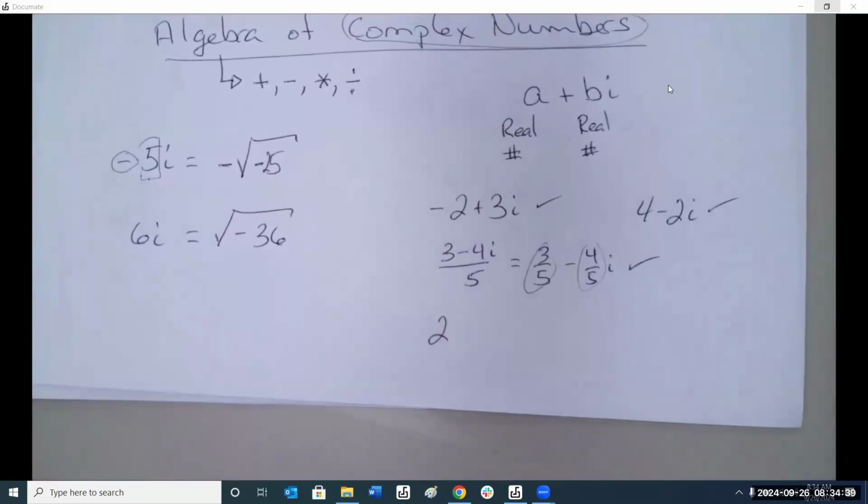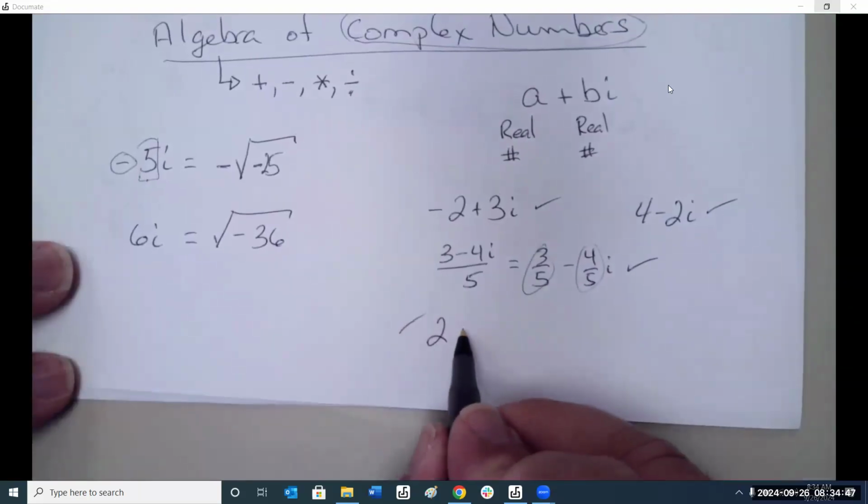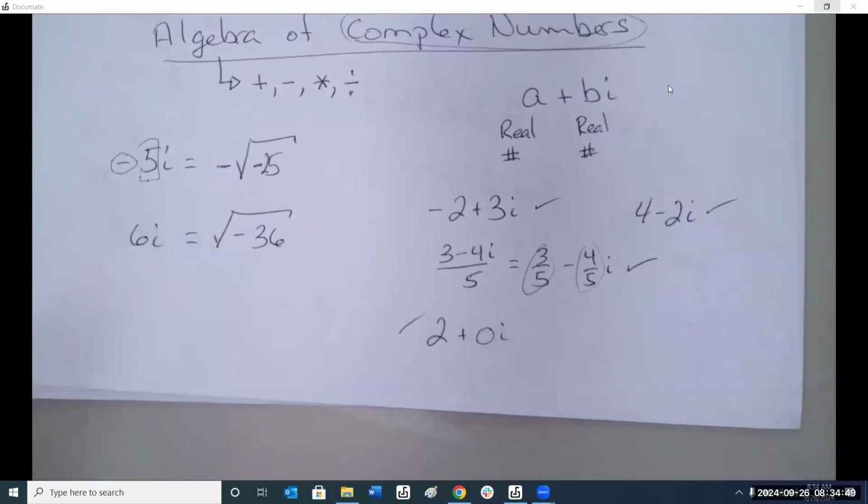Is that a complex number? Yes. It's 2 plus 0i. Trick question. Because 0 is part of the real numbers.